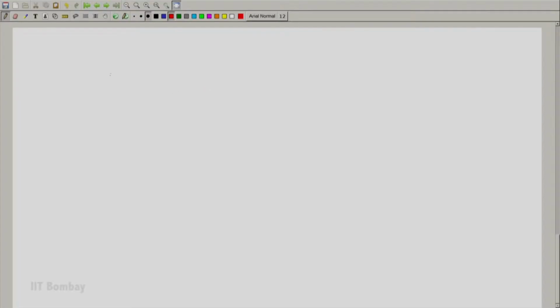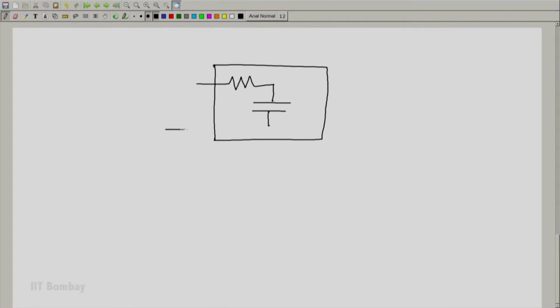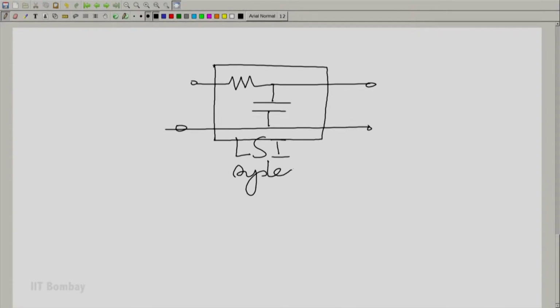Now, we are all set to find out the unit impulse response of the RC circuit that we had put down in the discussions that preceded this. So, let us do that. The unit step response as we had it here for this RC circuit, let me show this RC circuit inside that block, linear shift invariant system. We had agreed the RC circuit is an example of a linear shift invariant system.